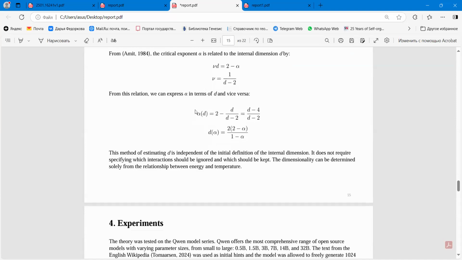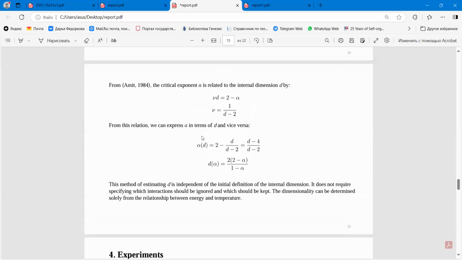They have got this relation for alpha and d, our internal dimension. This method of estimating d is independent of the initial definition of the internal dimension, and it doesn't require specifying which interaction should be ignored and which should be kept. The dimensionality can be determined solely from the relationship between energy and temperature.